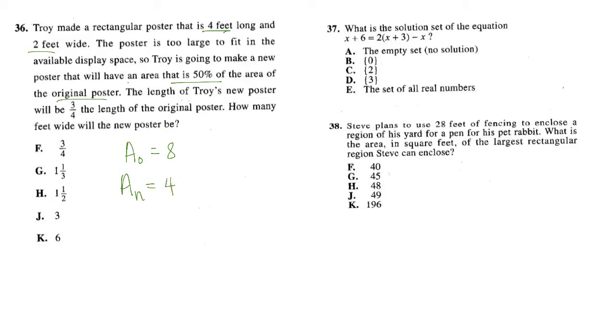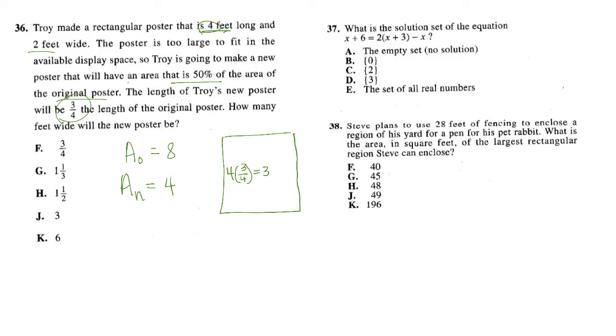The length of the new poster will be 3/4 of the length of the original. So let's see, for the original length, we had 4 feet, but now I need 3/4 of that. So 4 times 3 over 4, that's going to give us 3.